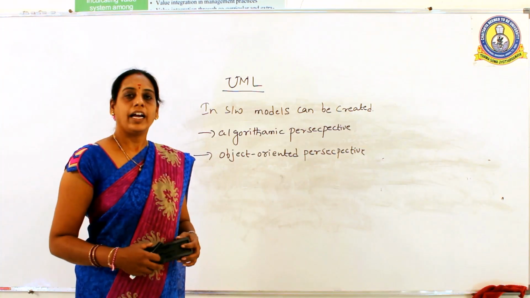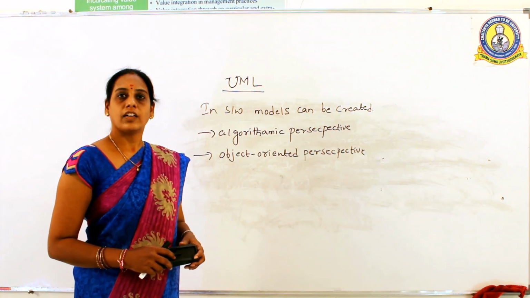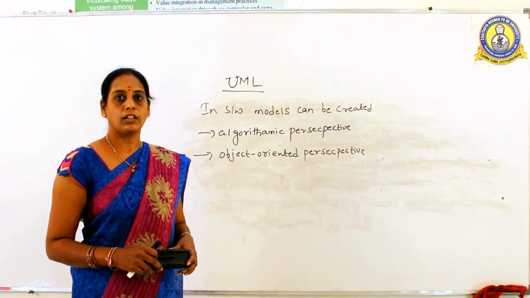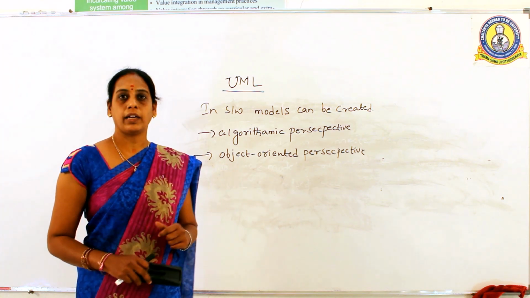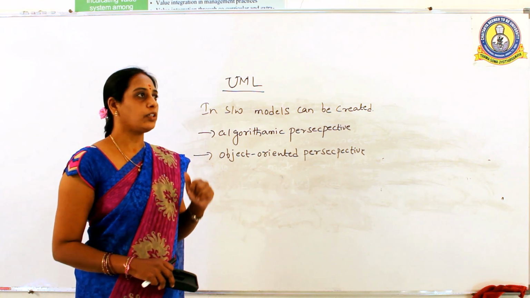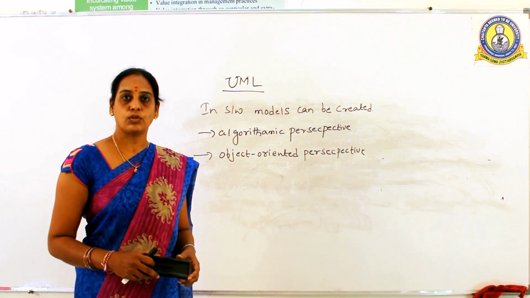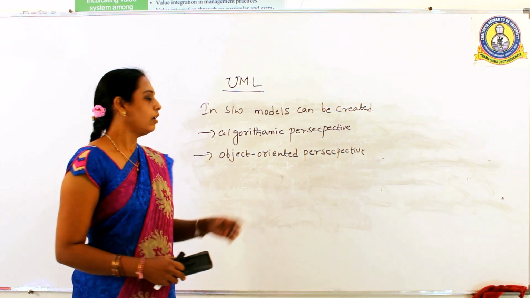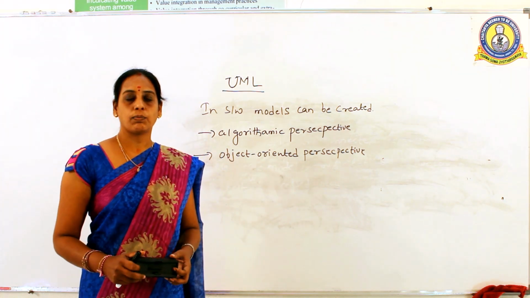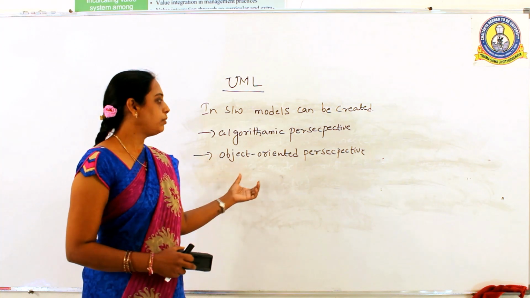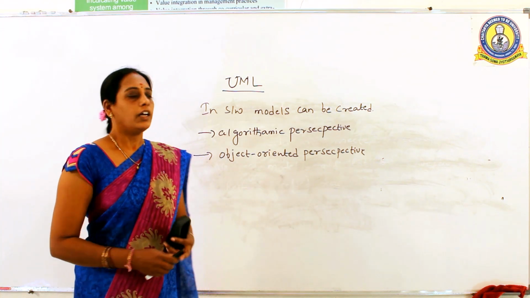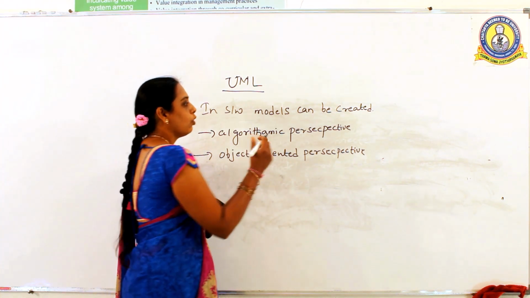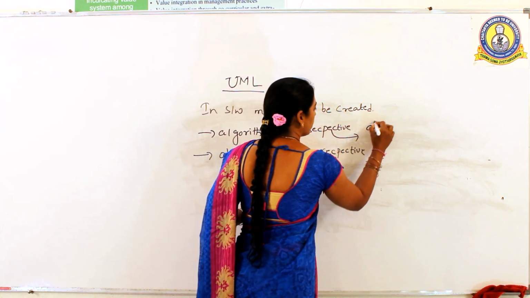Now, in software, there are several ways to approach a model. Here, we are going to explain two approaches that can be used to develop software models. First one is algorithmic perspective and second one is object-oriented perspective. First, the old method is algorithmic perspective.